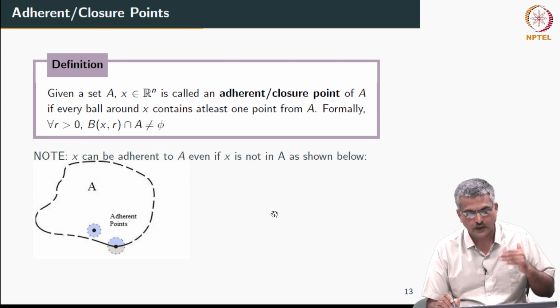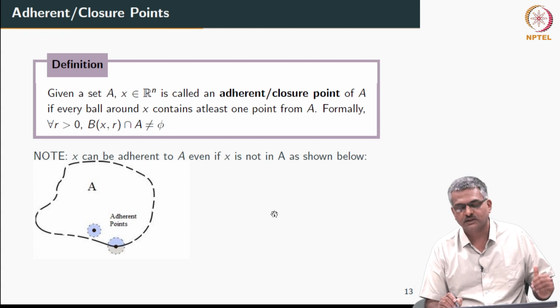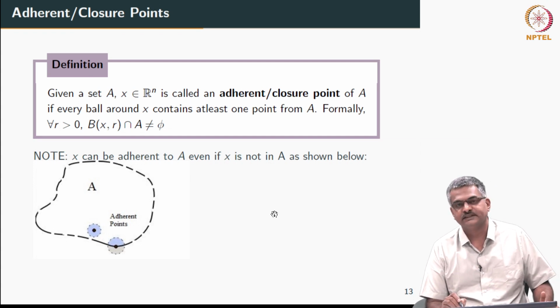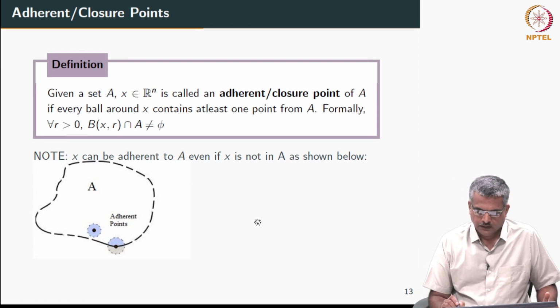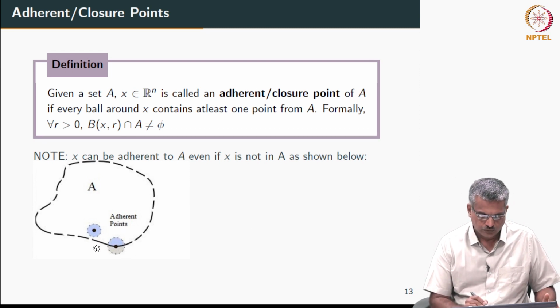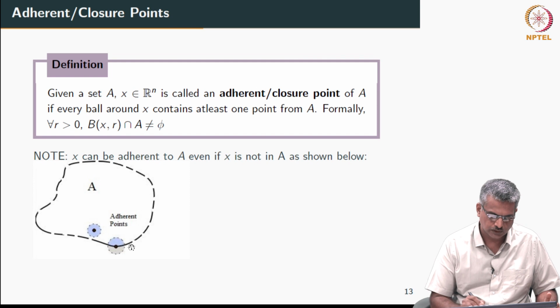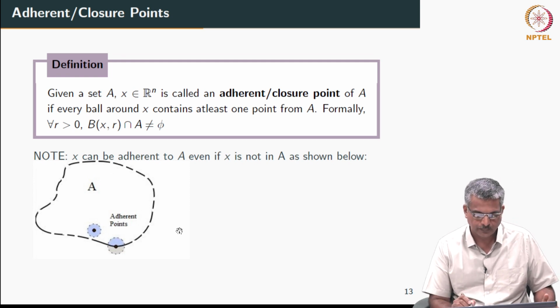Then x is said to adhere to the set A. In this figure, you can see that there is a set A, and I denote by dotted lines to signify that the points on the boundary do not belong to the set A.